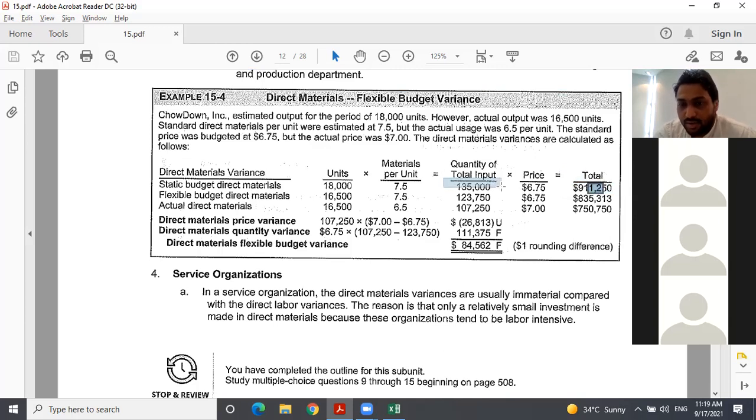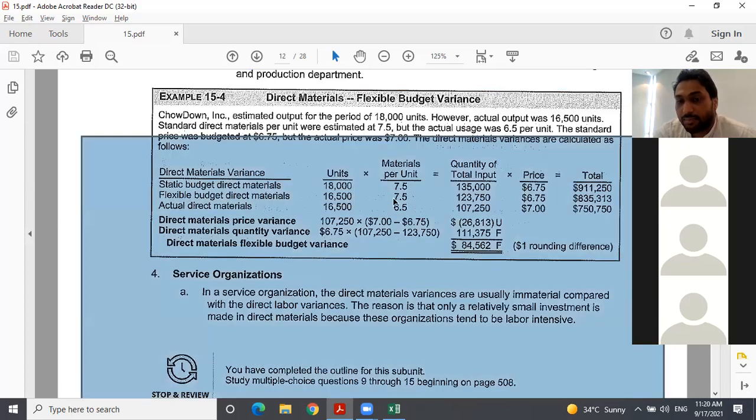This is standard quantity. Next, you are taking your actual output into standard materials used. So 123,750.